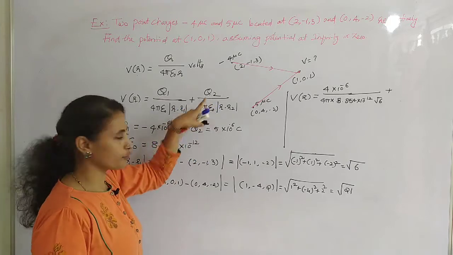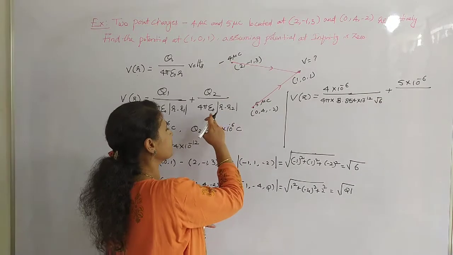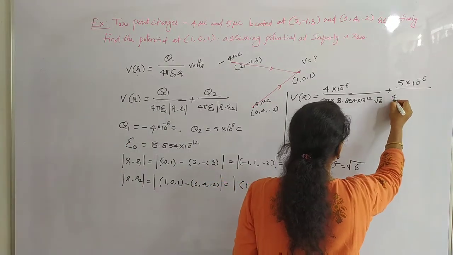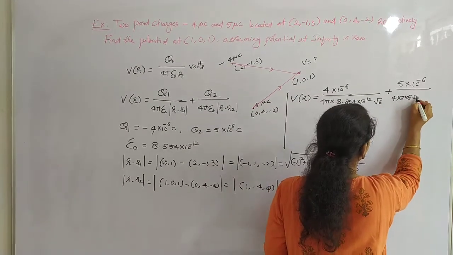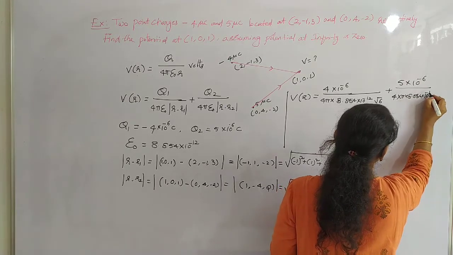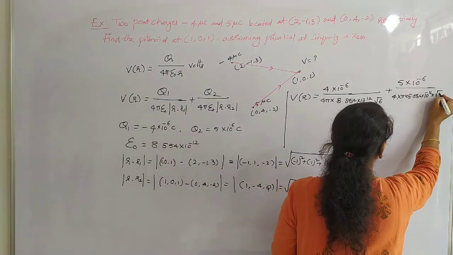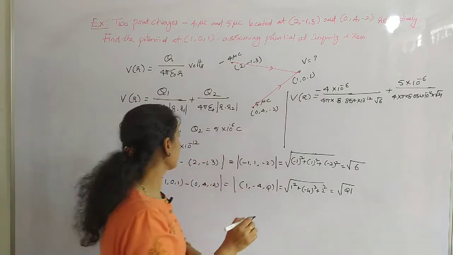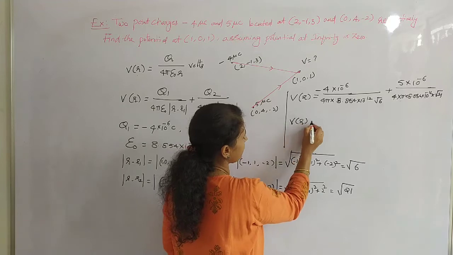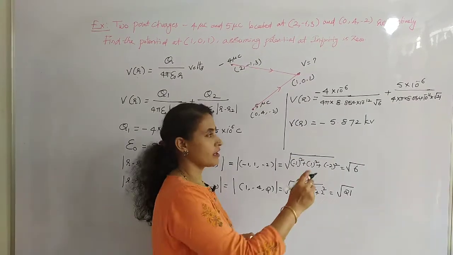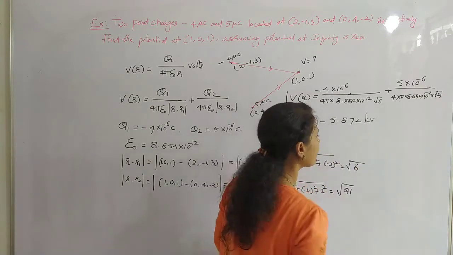Plus the second term Q2, which is 5 into 10 raised to -6, with the denominator 4 pi epsilon naught, 8.854 into 10 raised to -12, into root 21. Simplifying all these, V of R comes to -5.872 kilovolts.